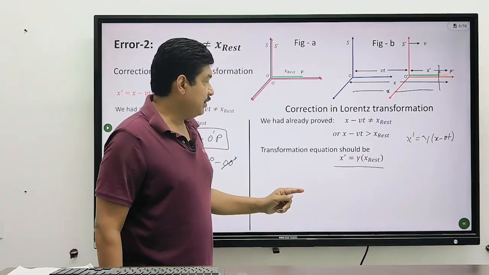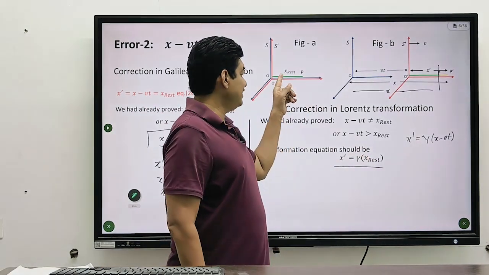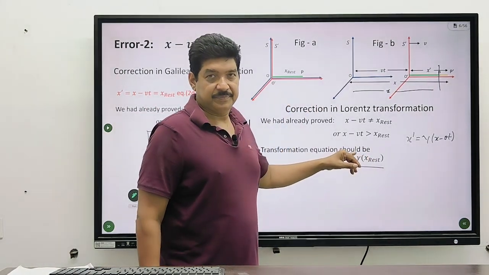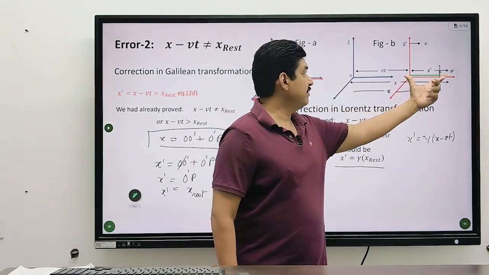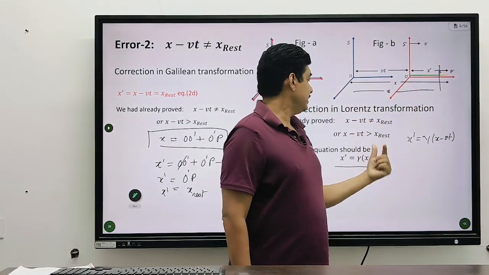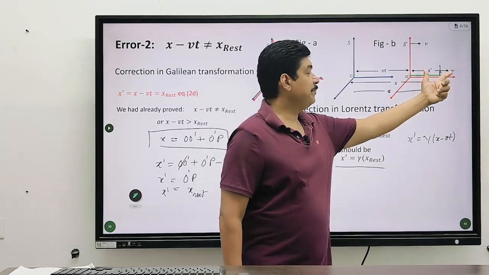Now how is it useful? Because x rest is there, when you apply a transformation factor, then it becomes the extended value of x rest, that is O prime P prime.